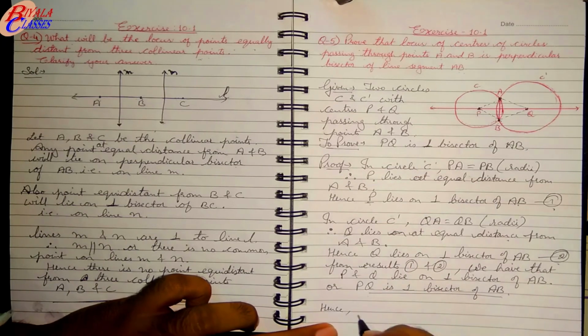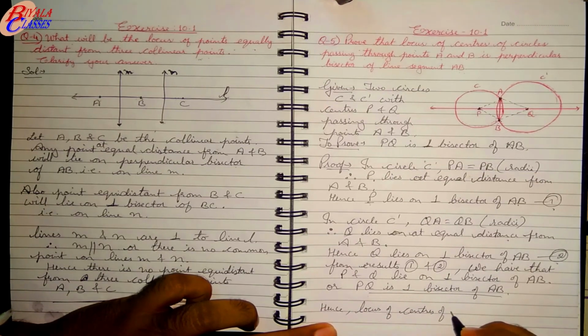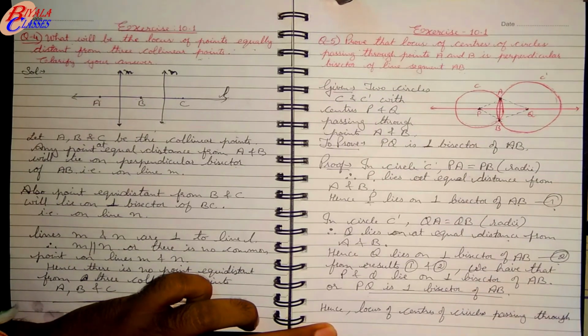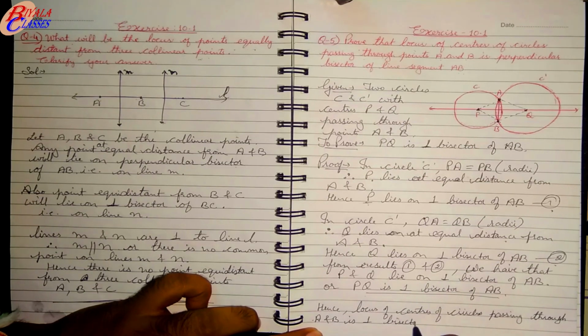Hence, the locus of centers of circles passing through A and B is the perpendicular bisector of AB.